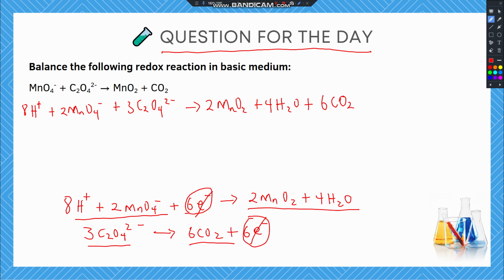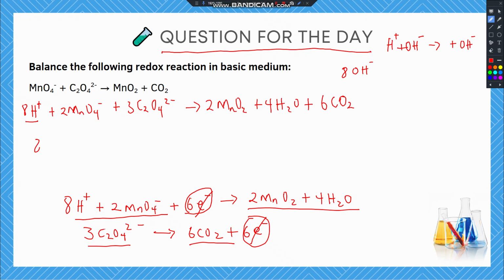So for instance, if we have H plus on the left hand side, what the rule says is that we are going to add an equal number of OH minus to both the left side and to the right hand side to neutralize the H plus ion. So let's do that very quickly. Now we have H plus ions on the left hand side and there are 8 H plus ions. So that means we will need to add 8 OH minus ions to both sides.